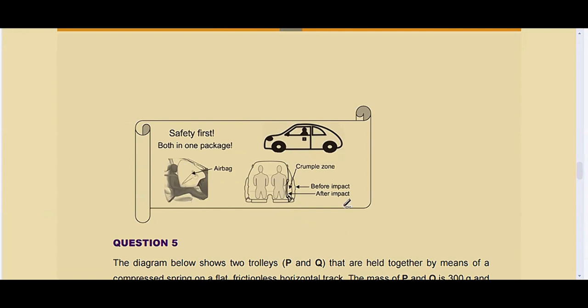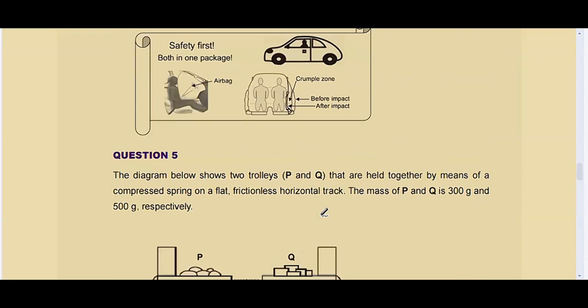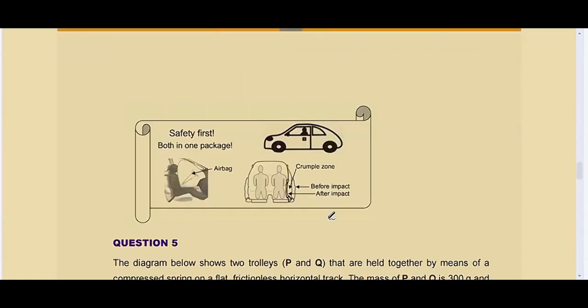Then they show you before impact and after impact. So the crumple zone crumbles here, but then it never reaches the safety carriage here, which is to protect the passengers so that they do not get injured. Right. Now, we are supposed to use our knowledge of momentum to explain what is really happening here.